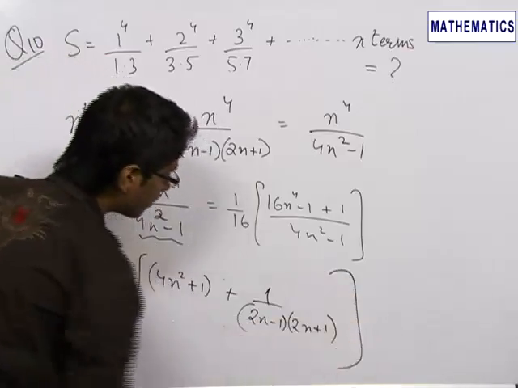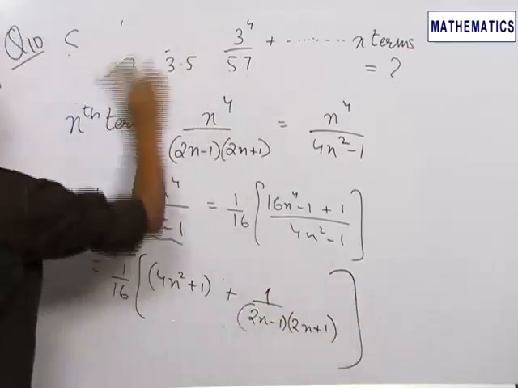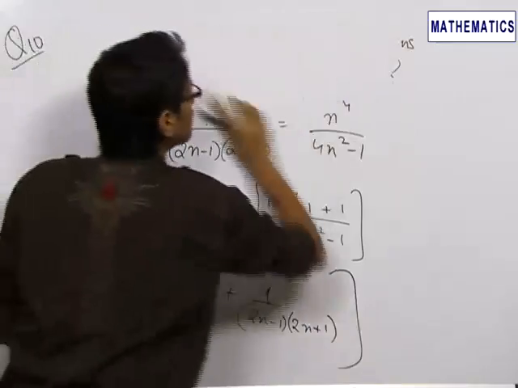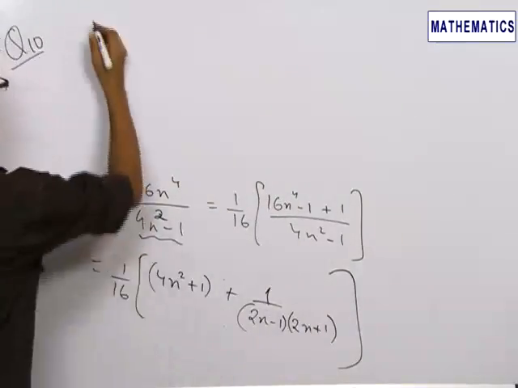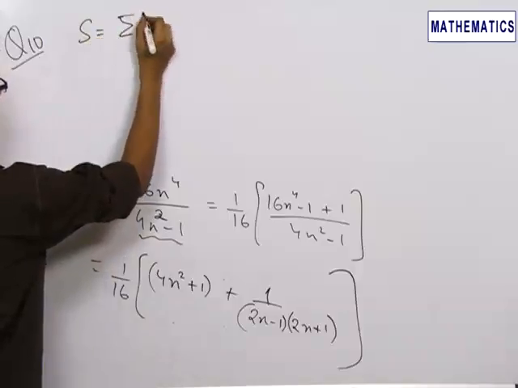So this is our nth term of the series, and we know that sum of n terms of any series is equal to sigma the nth term.